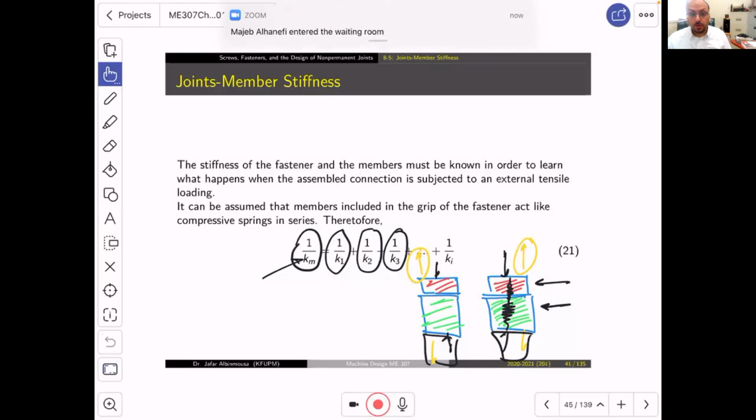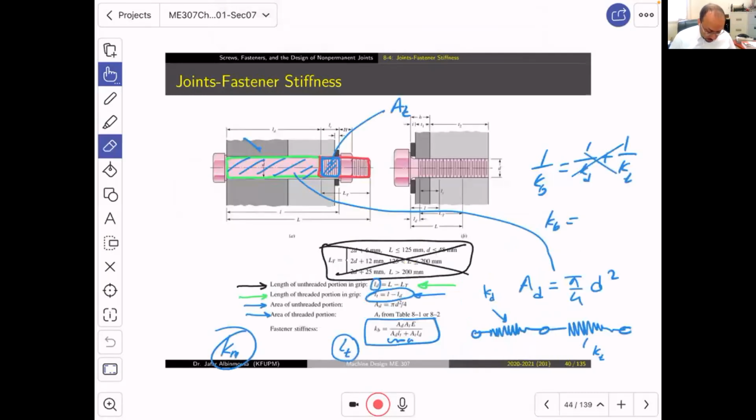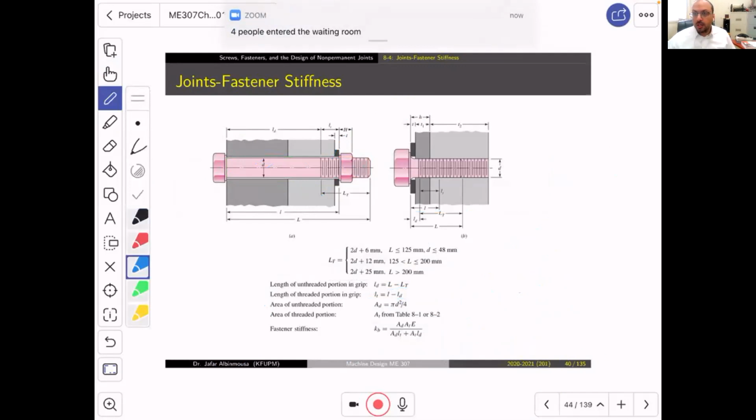Today we are going to start the discussion on the stiffness of the member. If you recall, what we did last class was this. I know the lecture is going to be lengthy and I need you to focus on it.